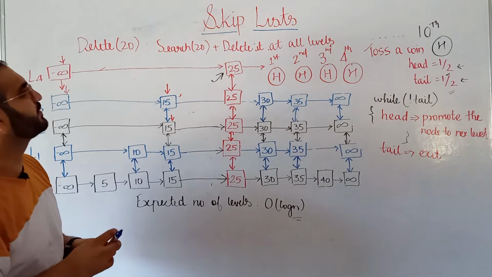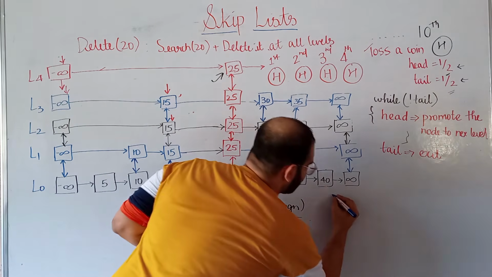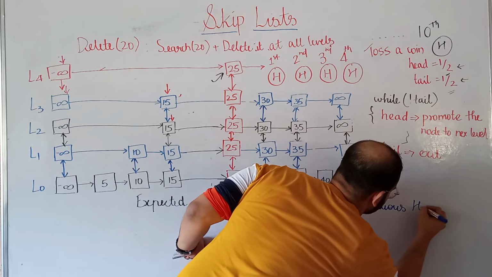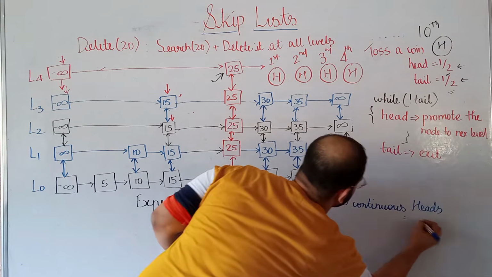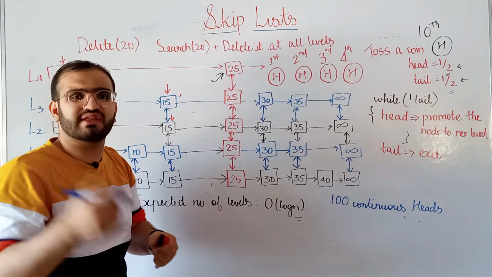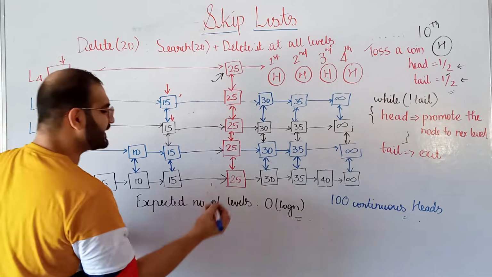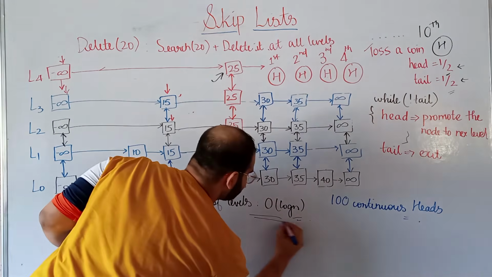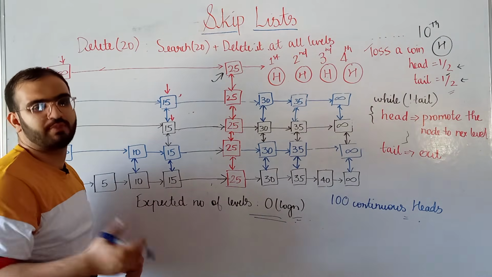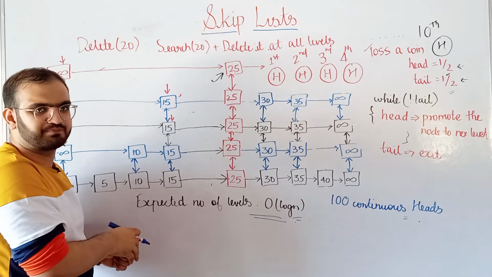So suppose we get 100 continuous heads, without a tail. If we get 100 continuous heads, that means we will be having 100 levels with just a single node. So in that case, how can we say that the expected number of levels will be order of log n with high probability?